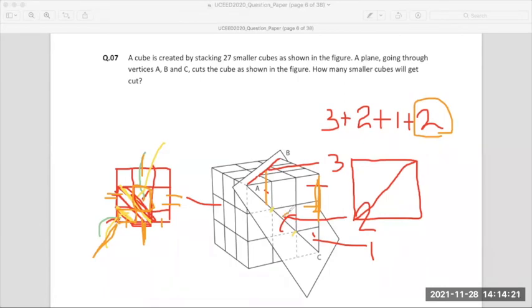This one. Ma'am, above it. Yes, that you already counted. Yes ma'am, but the one beside it, diagonally. This one. Yes. Okay.